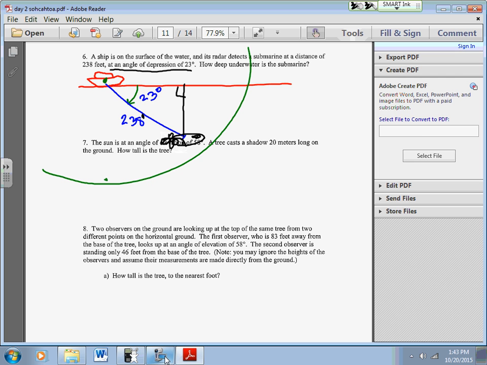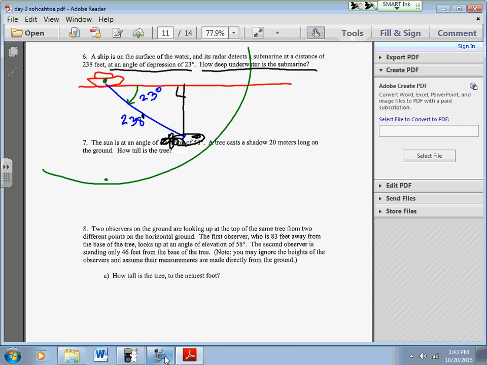Because if it's 238 feet below the ship, look at what the question is asking. How deep underwater is the submarine? If the submarine is directly underneath the boat, you've answered the question in the problem already. It's 238 feet. But it didn't say that. It said 238 feet with an angle of depression.